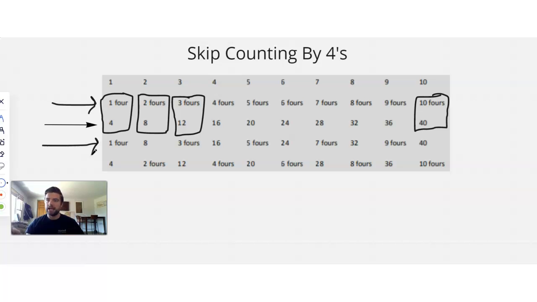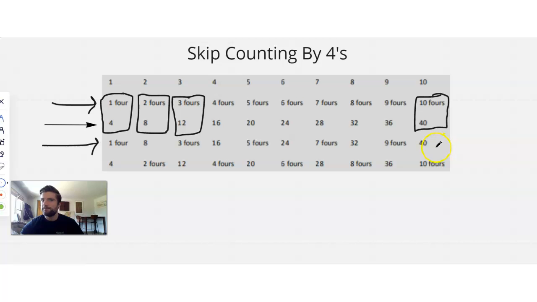So let's try to combine these two systems of skip counting and alternate between them. So we'll start here in this third row, and we'll just go across. 1 4, 8, 3 4s, 16, 5 4s, 24, 7 4s, 32, 9 4s, 40.